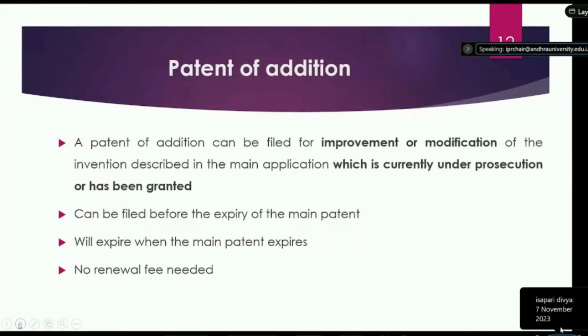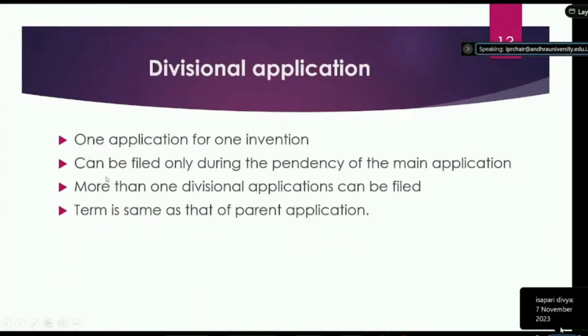So you have basically 2 years left, but you still can file your patent of addition. Your patent of addition, if granted, will be alive for the next 2 years till the main patent expires. And there is no renewal fee involved. Hope that is clear.